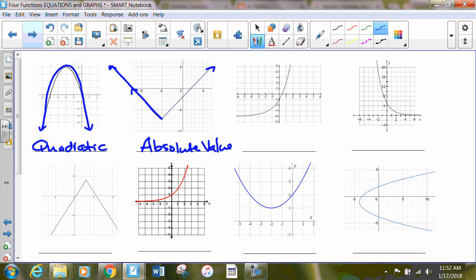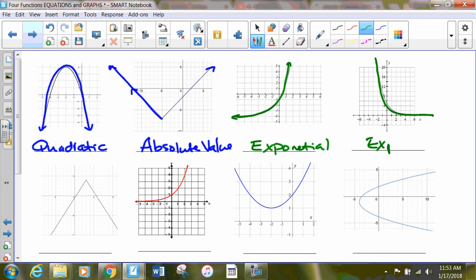And here we've got something that's going slowly and then starts shooting up exponentially. And we know this is exponential. All right, this is another instance of exponential, except it's dropping exponentially. Look how fast that's dropping. And then it levels off.